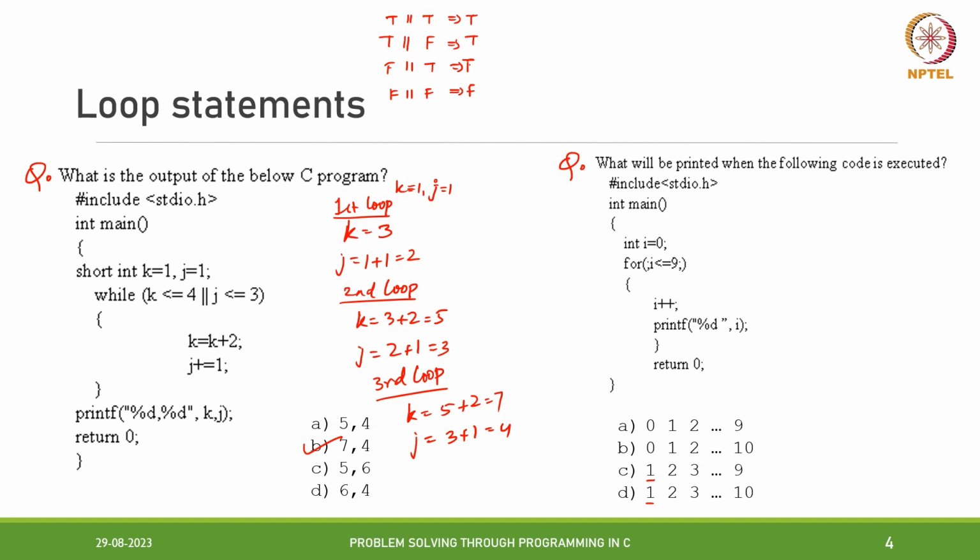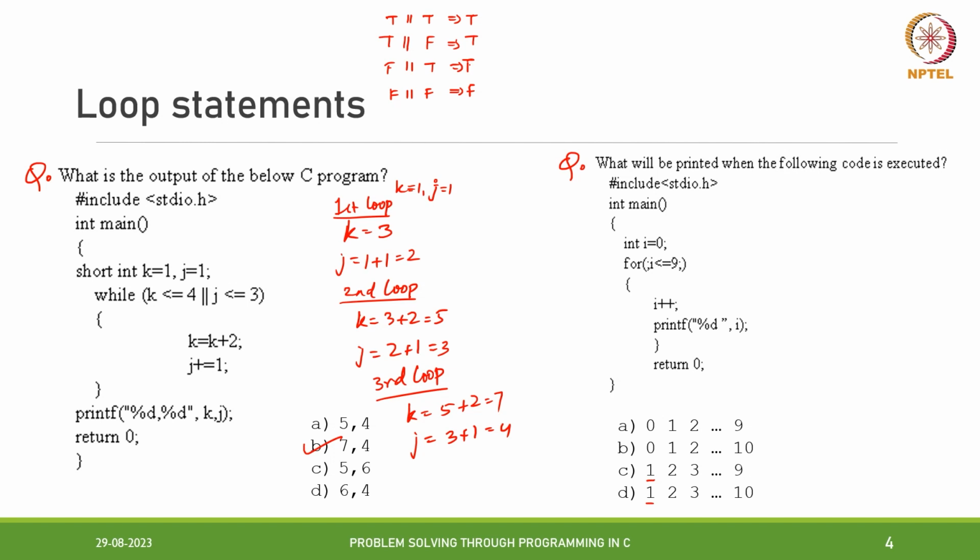Had you been printing printf %d I plus plus, in that case you would have 0, because it was postfix. It would have printed 0 first, and then it would have incremented the value of I.